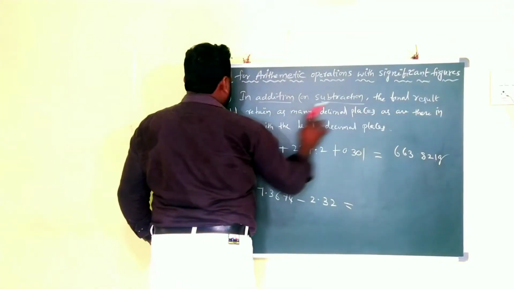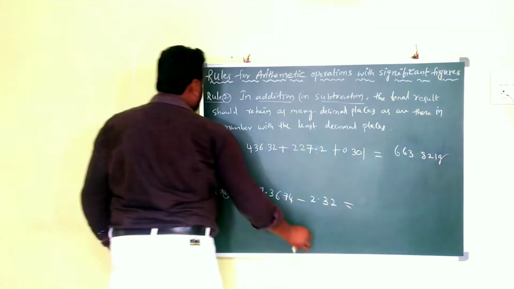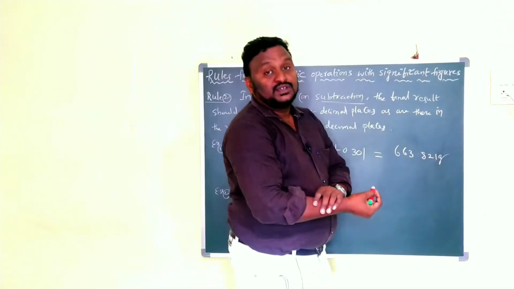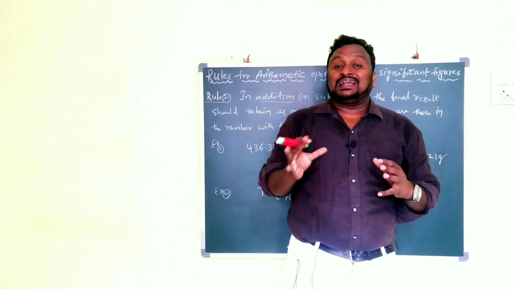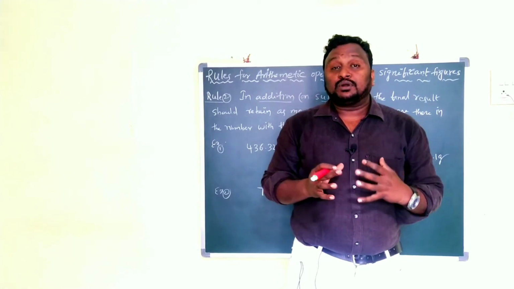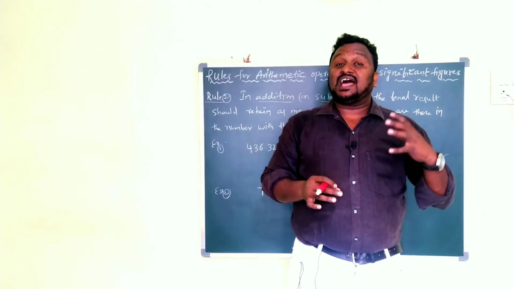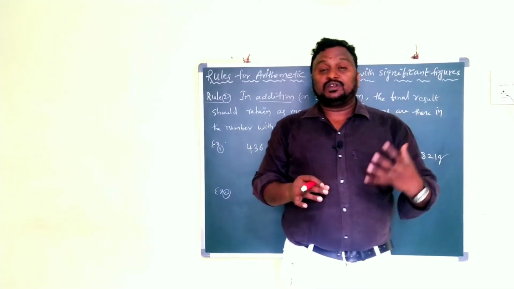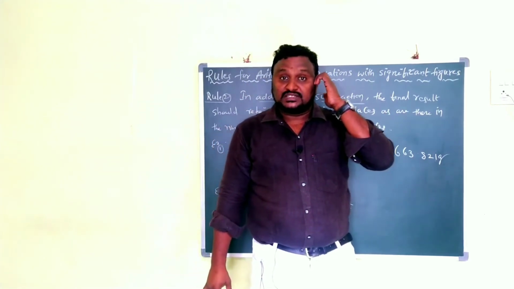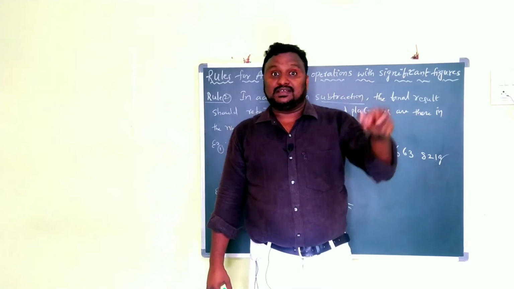In the case of multiplication and division, we talked about the number of significant figures: if the final result has more significant figures, it should be reduced to the minimum number of significant figures in those numbers. Now we are talking about decimal places.